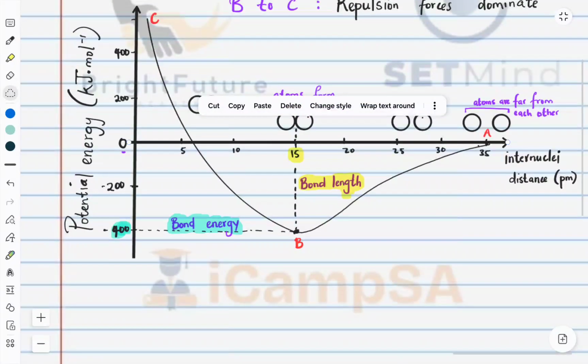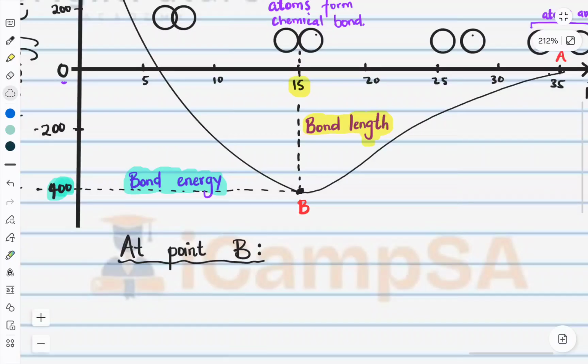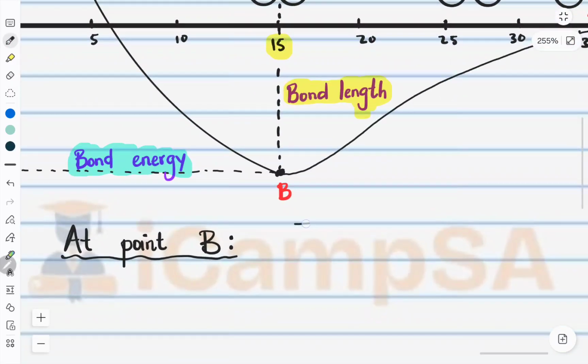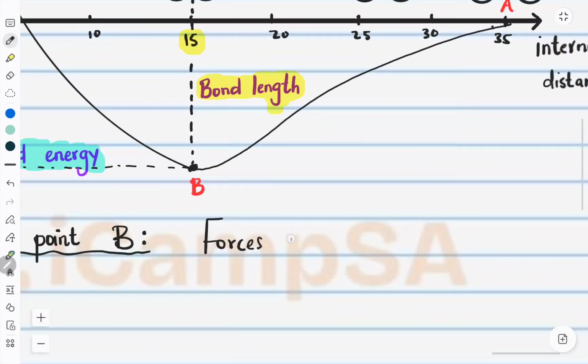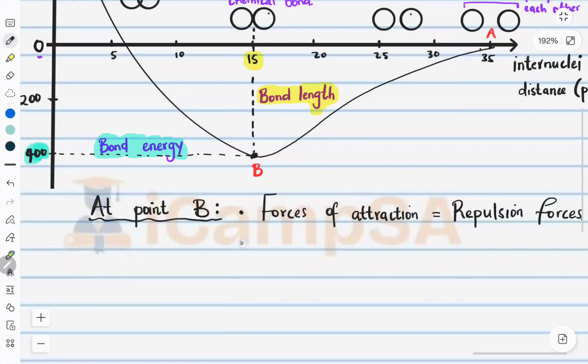Now let's focus on point B before we move forward. So at point B, we have that the forces of attraction are equal to those of repulsion. What else do we know about point B?